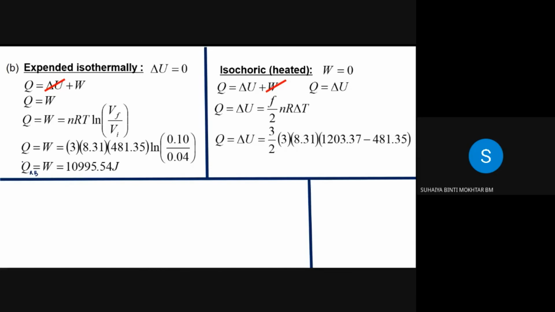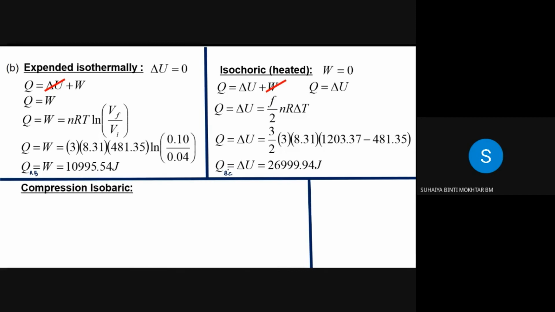Okay, why positive? Heated. So maksudnya temperature tu increase, final temperature is greater than initial temperature. So you can determine Q here is QBC, right? QBC here. 26,999.94 joule. Okay, QBC.